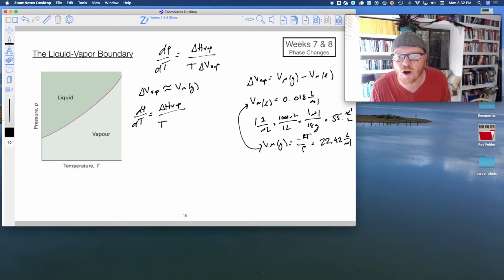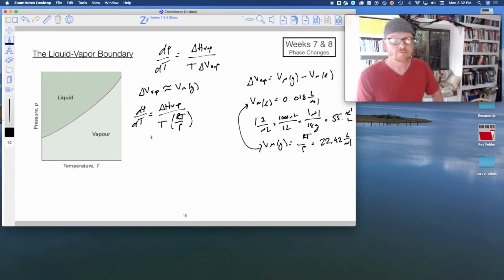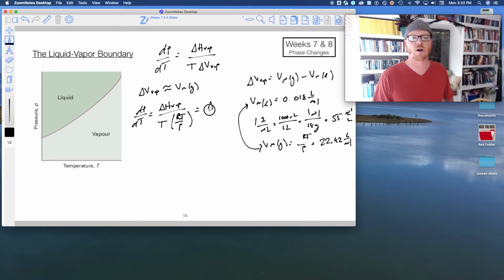So it's not nRT over P, it's just RT over P. Okay. So now we're going to replace that by saying RT over P, and of course, that all equals delta H of vaporization times P divided by RT squared.